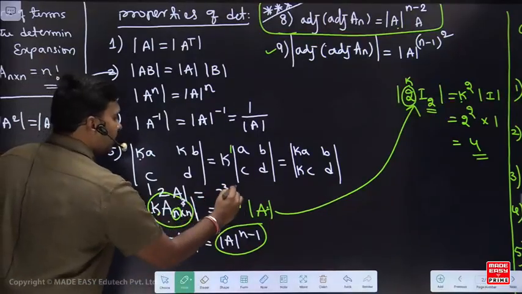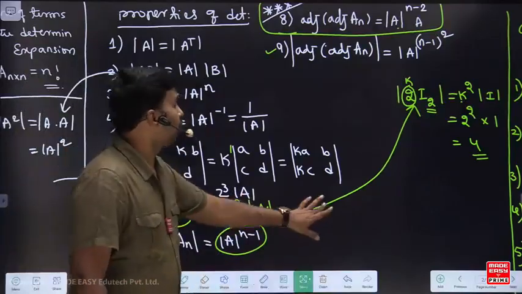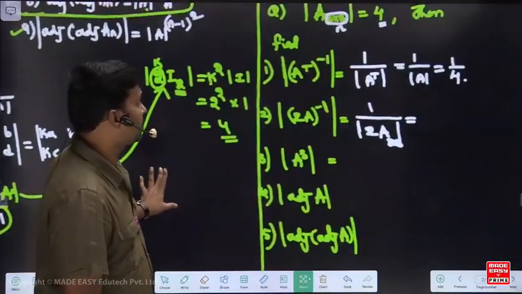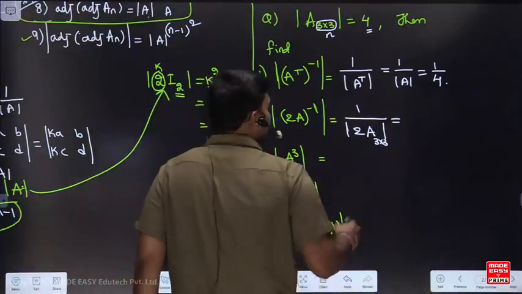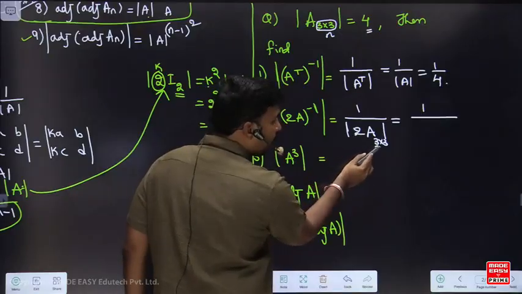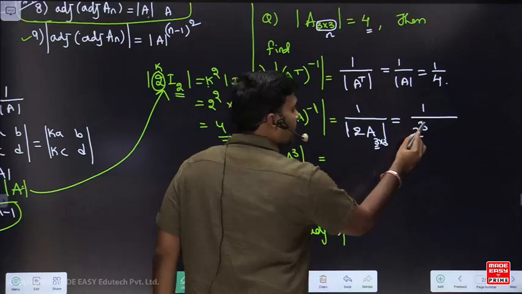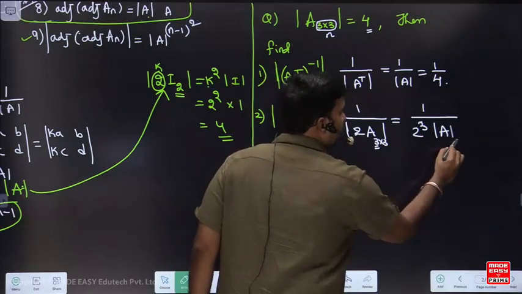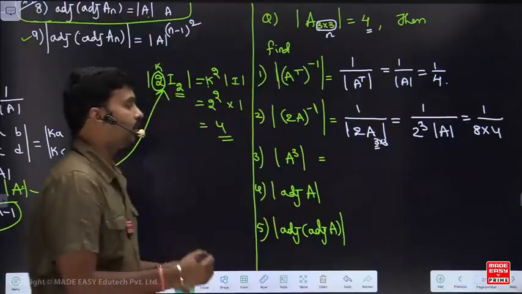So that is 2 cubed into mod A. I hope you understand here. This is property 6. बहुत गलत समझते हैं बेटा, इस सिक्स्थ प्रॉपर्टी को आप लोग be careful with that. Now I am taking this 2 common from all the 3 rows so that it becomes 2 to the power of 3 times the remaining mod A. So that is 1 by 8 into 4, that is 1 by 32.